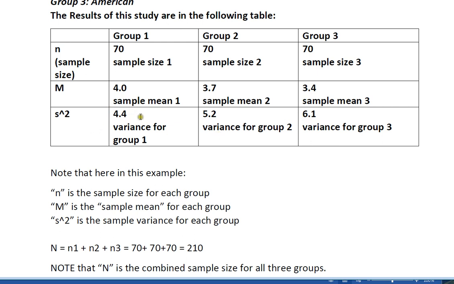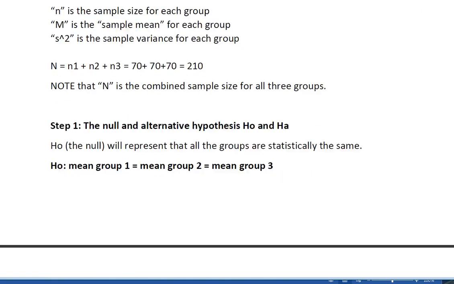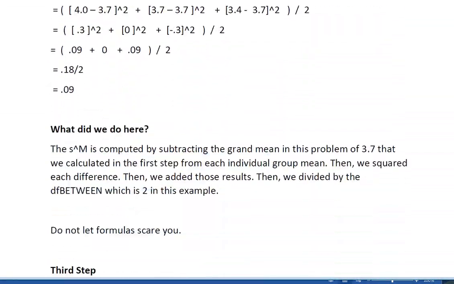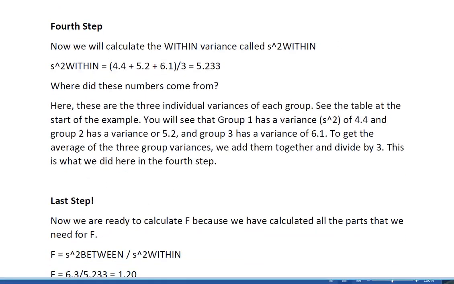In the fourth step, we're going to take all 3 of these sample variances, add them up, and divide by 3. That's going to give us an average variance for all 3 samples. That's what's going on down here. Let's scroll back. So we added up all of our variances, divided by 3, and that gave us an average for our variance. That's called the variance within.